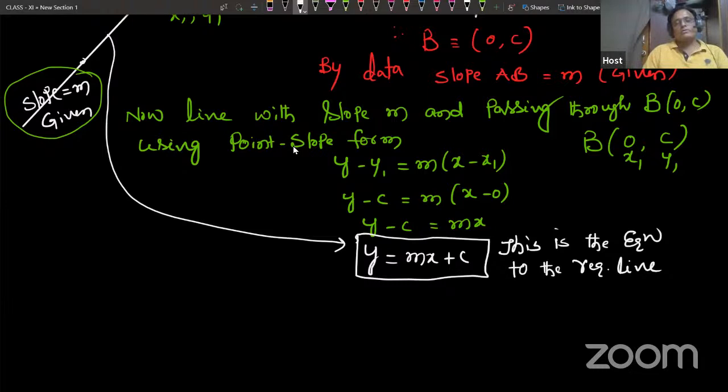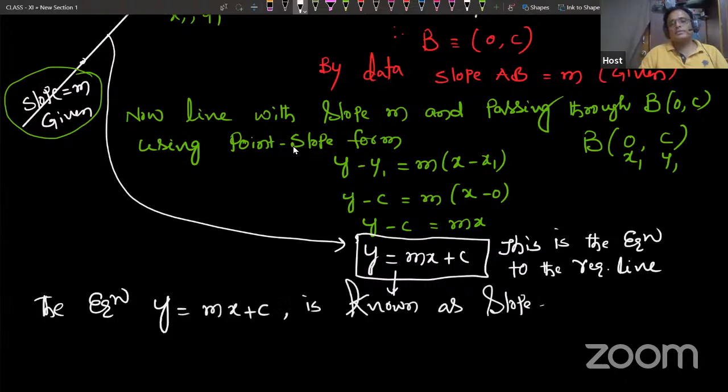So it is possible for us to derive y is equal to mx plus c from the slope and y-intercept. Therefore, y is equal to mx plus c is known as the slope-intercept form of the equation of a line.